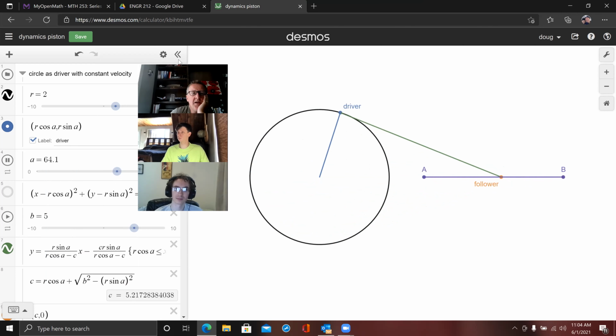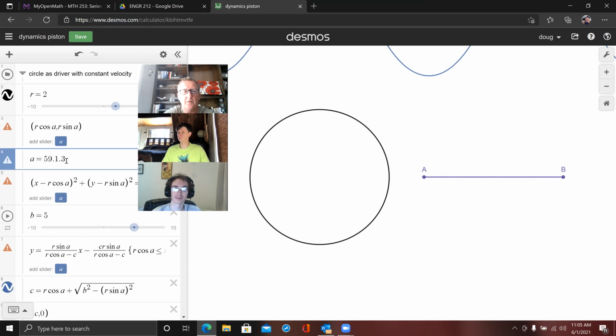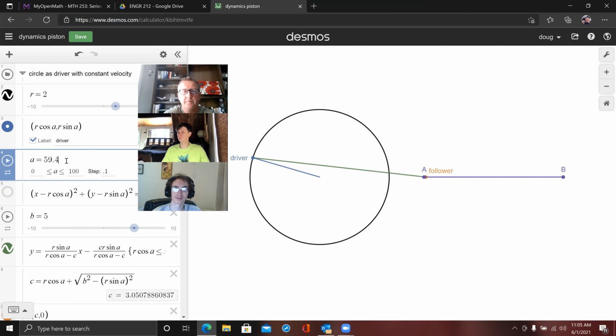And to that end, let's see here. I don't know if this just feels right to you. Can I just move this thing where I want it to move? But if you think about it, over here, does it make sense that although the driver is moving, it effectively isn't causing the orange dot to have to move left very much right now?